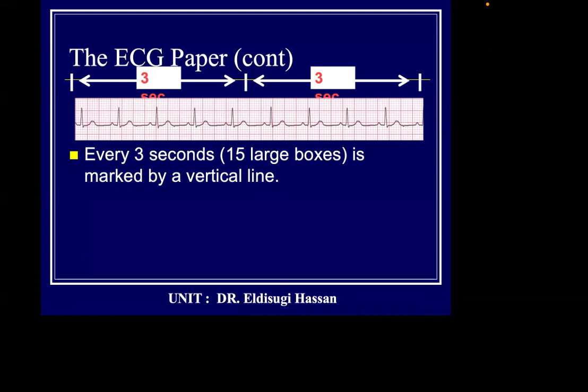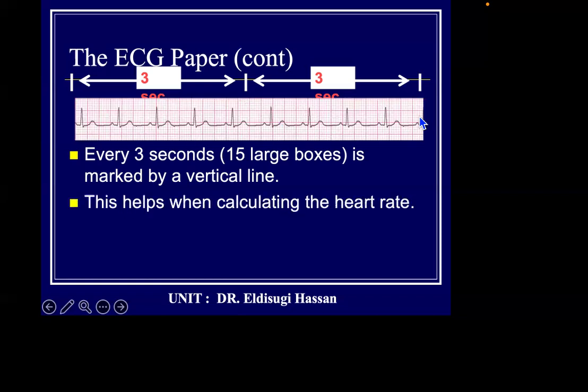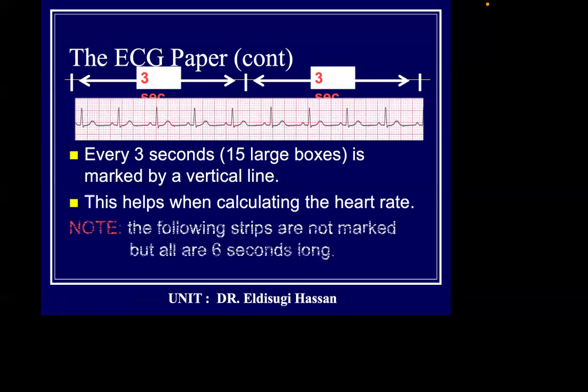So a rhythm strip is 30 large boxes, equal to 6 seconds. Usually it is marked every 15 large boxes, or every 3 seconds, by this vertical bar. So this is 15 large boxes or 3 seconds, and this is another 15 large boxes or another 3 seconds. This will help in calculating the heart rate.